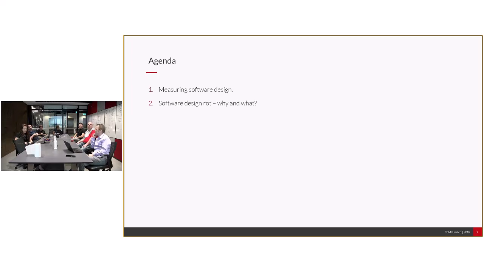Number two is software design rot. Why does it rot in the first place, and what exactly is rot? Number three, what are the signs of design rot? What are the smells? Smells do not necessarily mean something is rotting, but they are an indication more often than not. Then we look at some of the tenets.